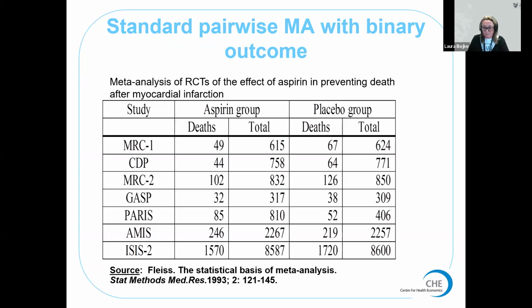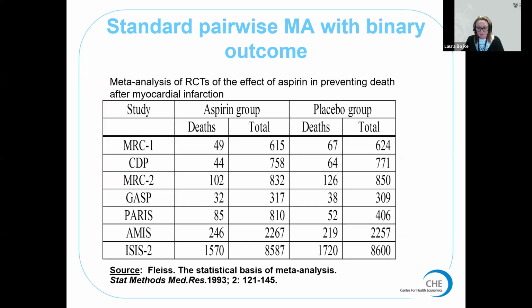So this may seem a little bit abstract and perhaps a little bit confusing. So this is an example using probably the more simplistic outcome, which is a binary outcome. And this is a meta-analysis of RCTs looking at the effects of aspirin on deaths. So that's our outcome of interest. Individuals within these studies die or don't die. And this is following the use of aspirin following a heart attack.